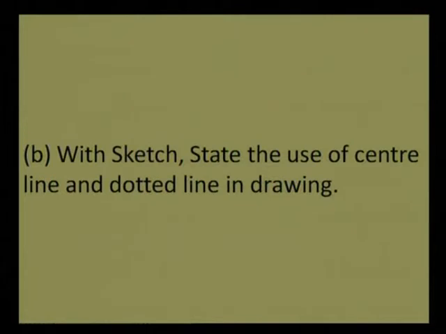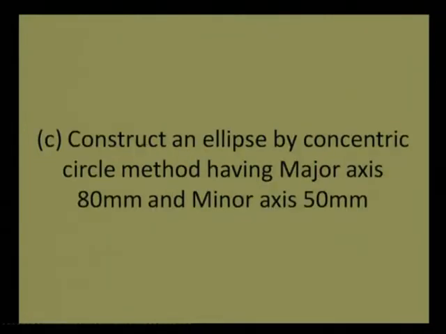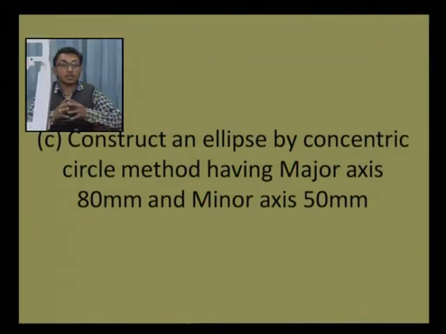Now we'll see the next problem. We need to construct an ellipse by the concentric circle method having major axis 80 mm and minor axis 50 mm. So how can we do this? We need to draw two circles.